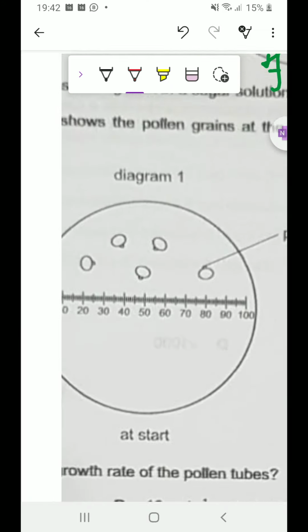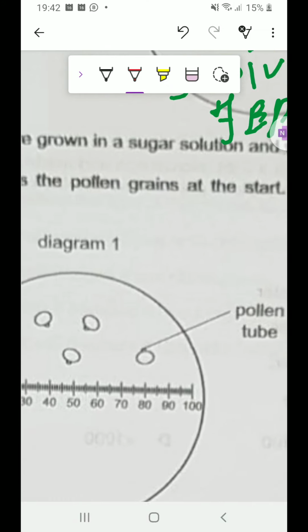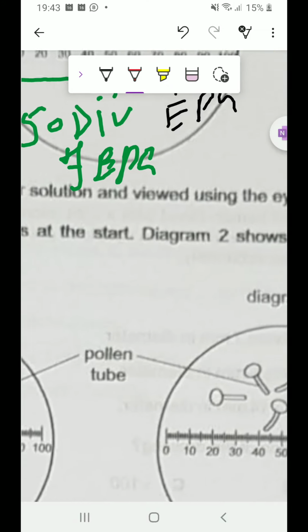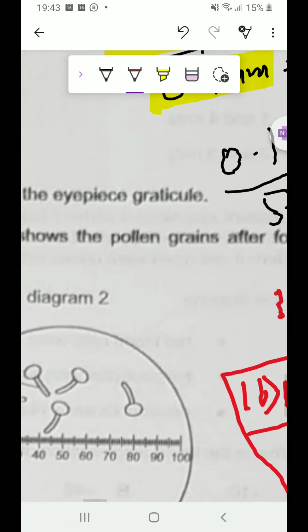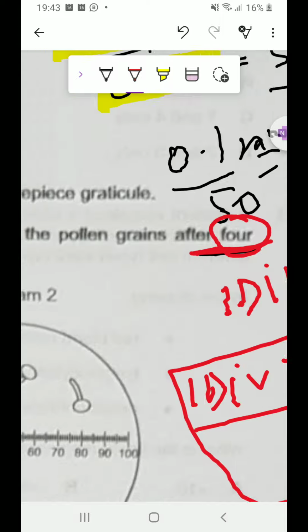Now in this step, the stage micrometer has been removed and this slide of pollen grains has been placed on the microscope slide. Diagram 1 shows the pollen grain at the start. Diagram 2 shows the pollen grain after 4 hours. It is important to notice that it is after 4 hours.